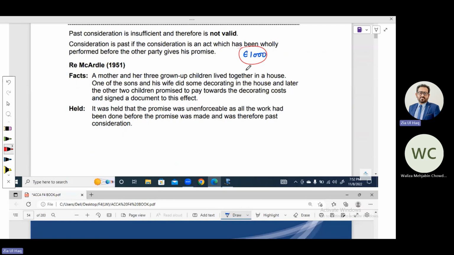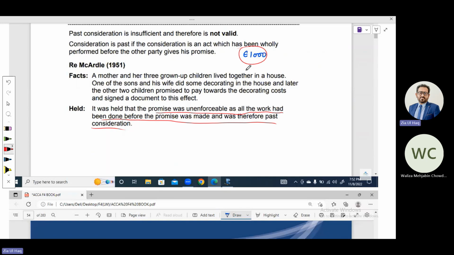And later, the other two children promised to pay towards the decorating cost and signed a document to this effect. It was held that the promise was unenforceable as all the work had been done before the promise was made and was therefore past consideration. And there is no contract based on past consideration.